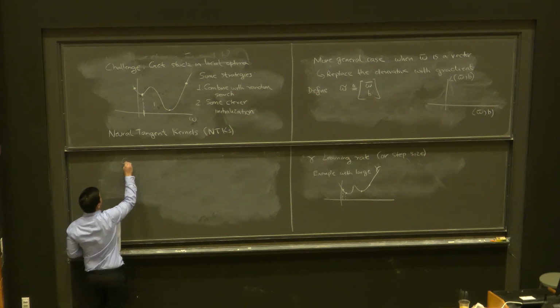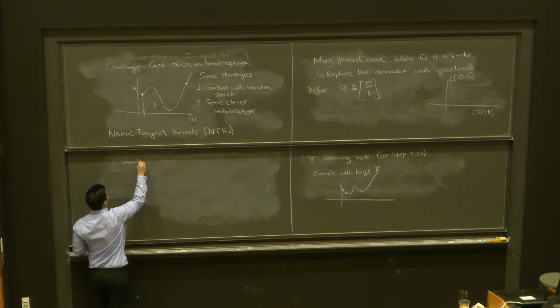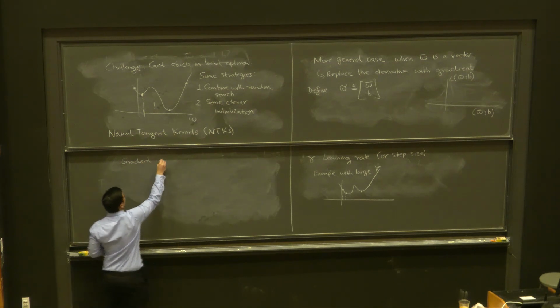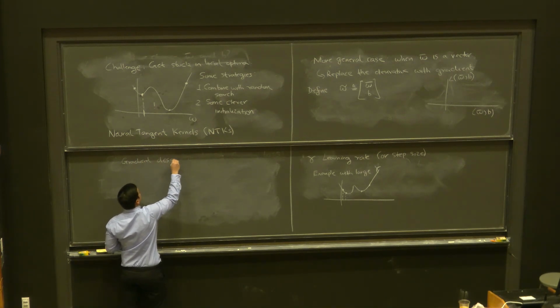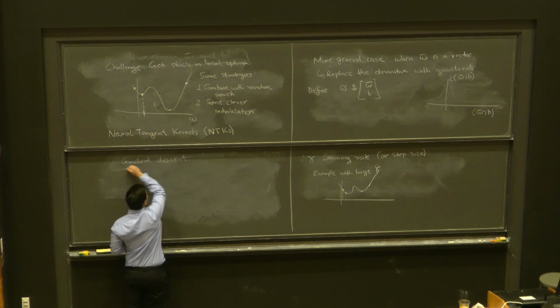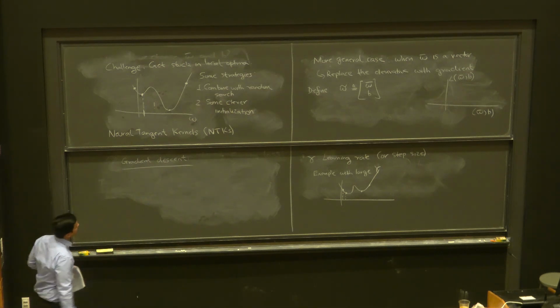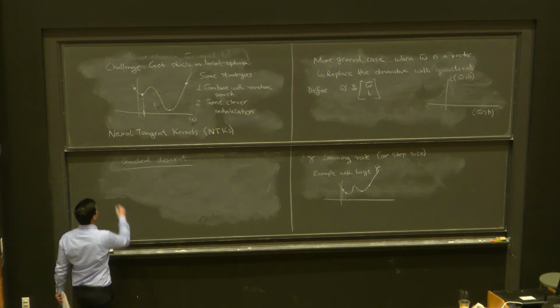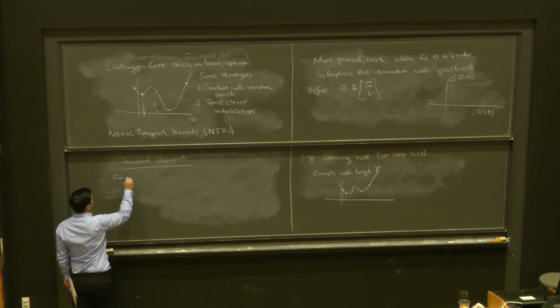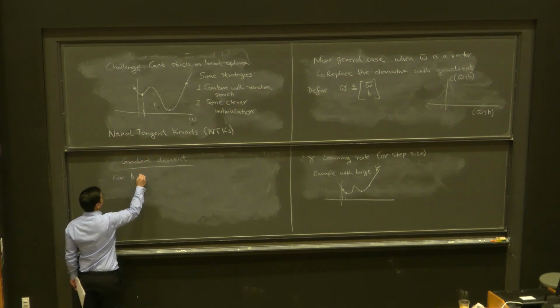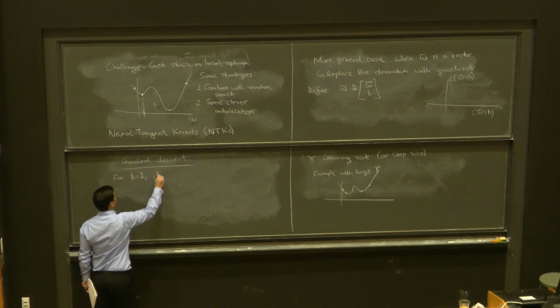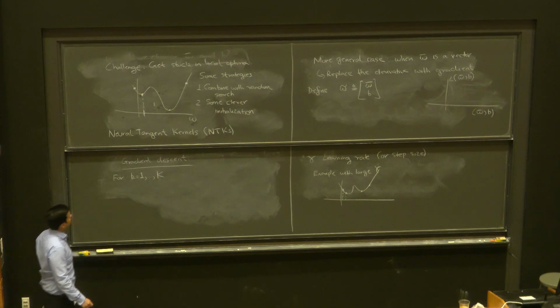So, gradient descent. It's going to have the same general structure. For k equals 1 through some number of iterations.